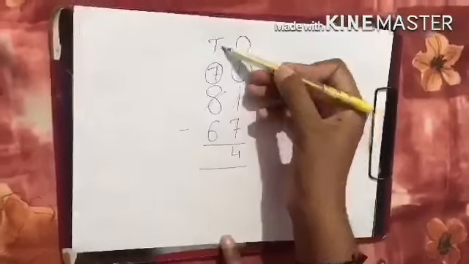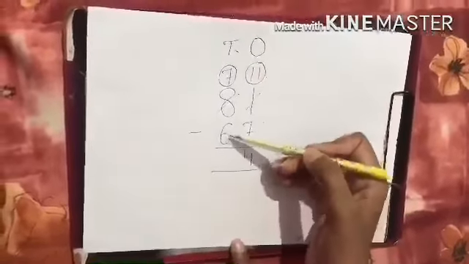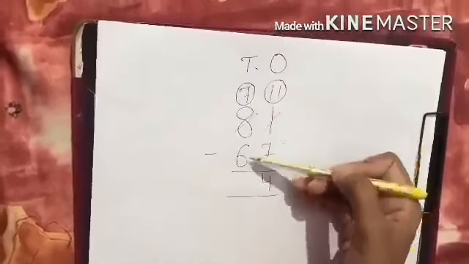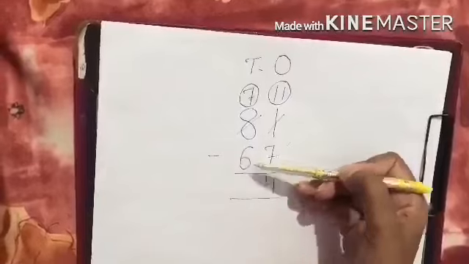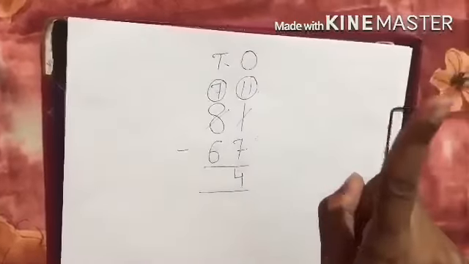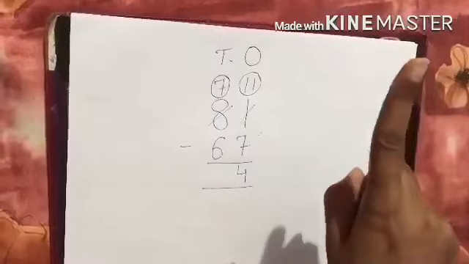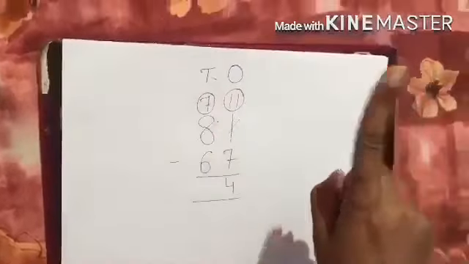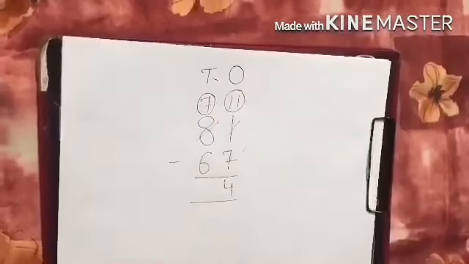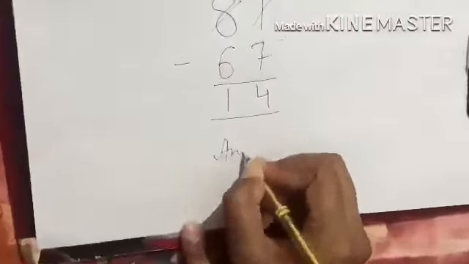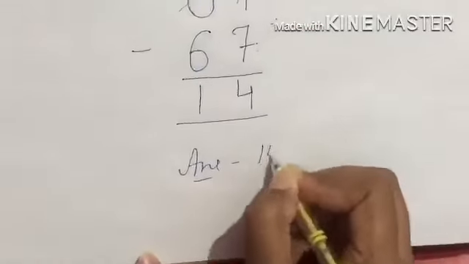At the tens column, for subtracting 6 from 7, we will speak after 6. Means we have to speak only one number, that is 7, because we want to reach 7. Now, how many fingers are here? 1. So we will write 1 under the tens column. So our answer is 14.